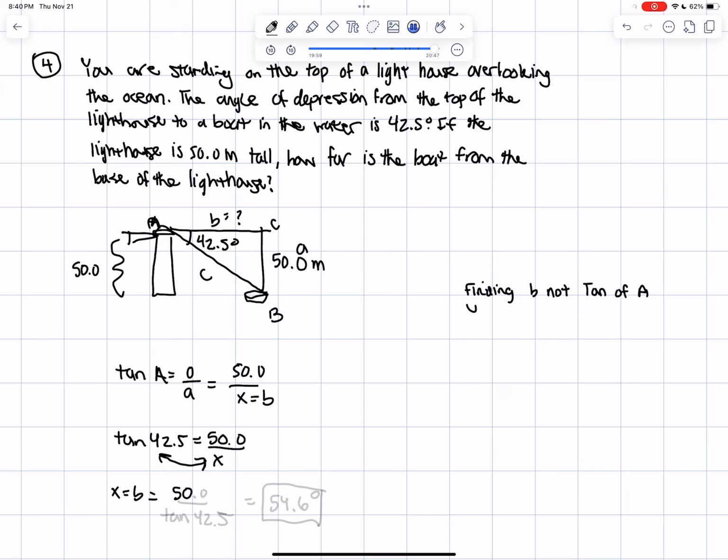So it'd be 50 over the tangent of 42.5. But we're not going to do the minus 1. We're just going to do 50 divided by the tangent of 42.5. And what we get is 54.6.